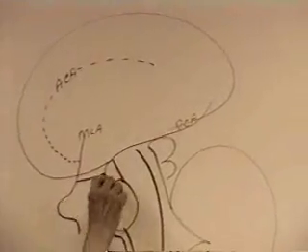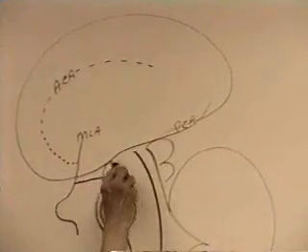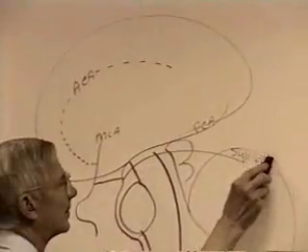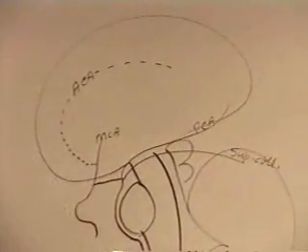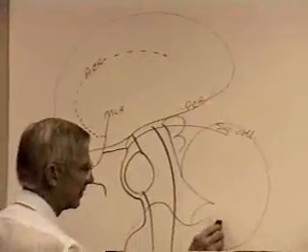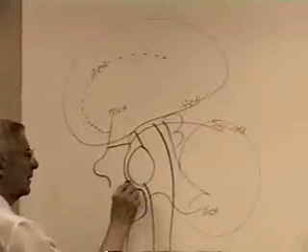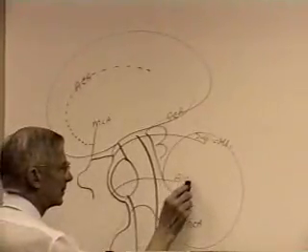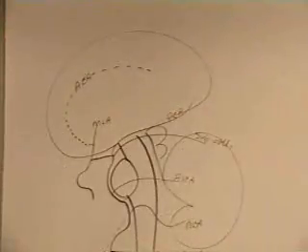Off of the basilar, we have continuation here, the superior cerebellar. And off of the vertebral, the posterior cerebellar. And off of the basilar, an anterior inferior cerebellar. 3 there.